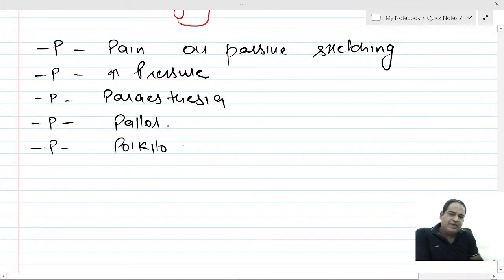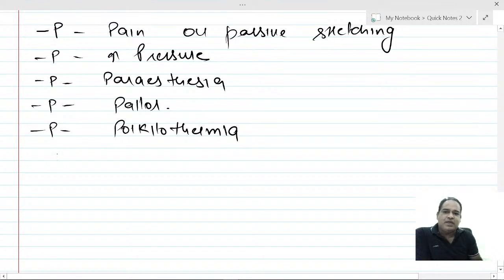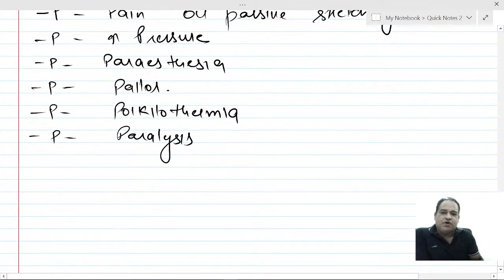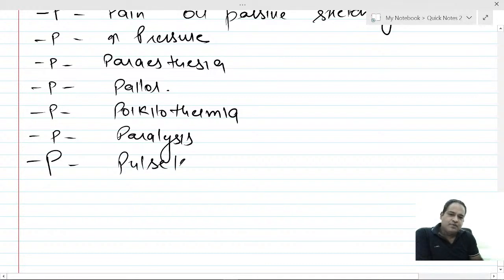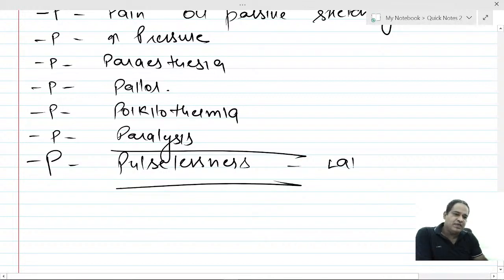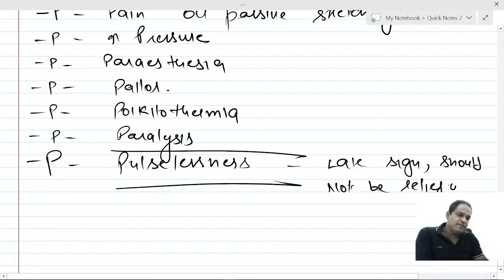Because the blood is not going, there will be poikilothermia. Fine. You can expect paralysis of the limb, and last, pulselessness. So this is a very late sign, should not be relied upon.